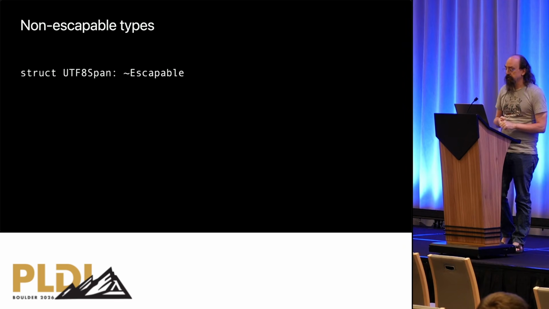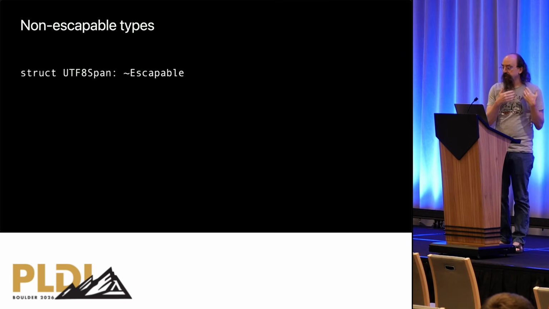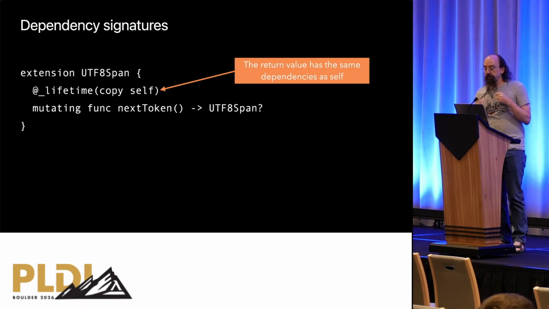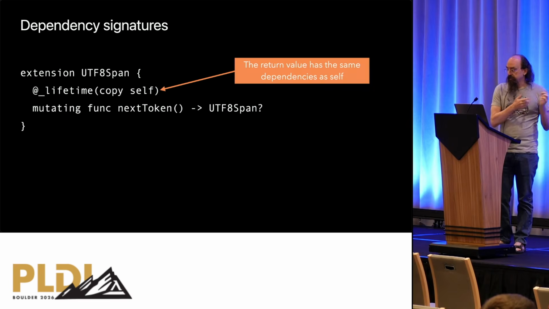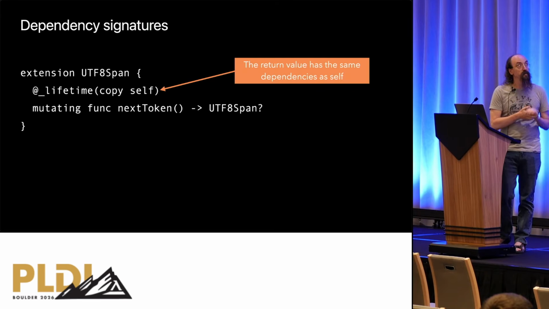In Swift, we allow this to be made safe with what we call non-escapable types. So when we define a type like UTF-8 span, we can say that it is a non-escapable type. And this means that values of the type are always restricted to some scope. When we declare a function like nextToken, we can declare the dependency relationships between its parameters and results.